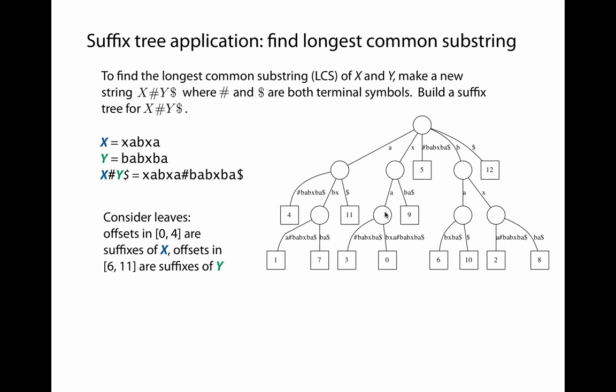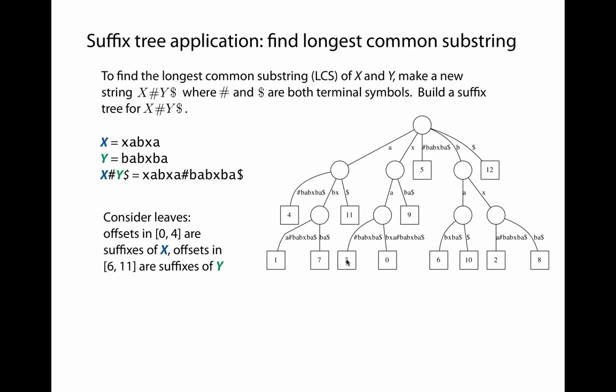So we know that this node corresponds to a prefix of two suffixes, both of x. But what we're looking for is the deepest node that corresponds to a prefix of suffixes of both x and y.